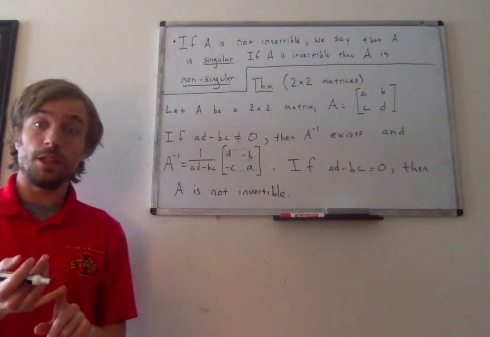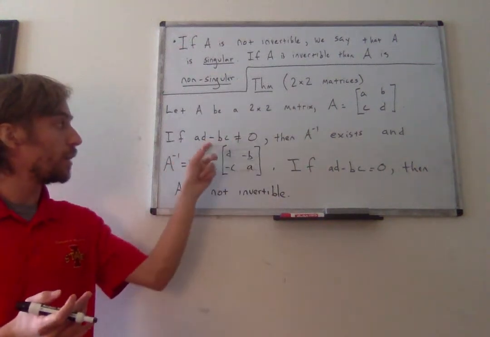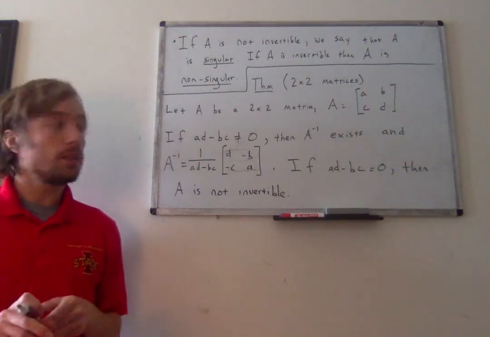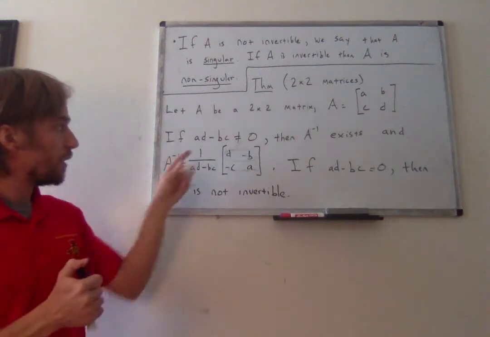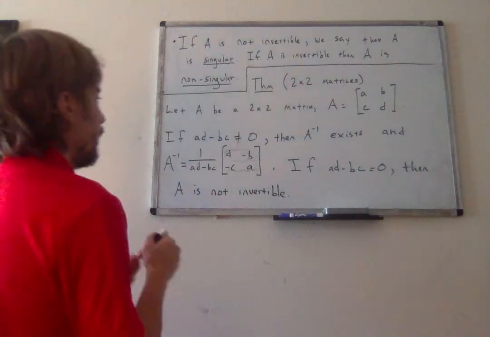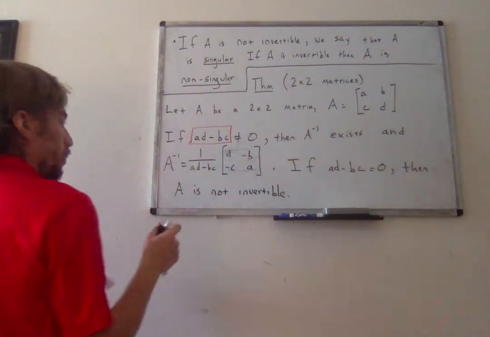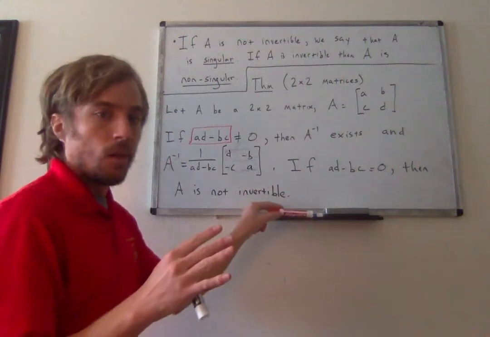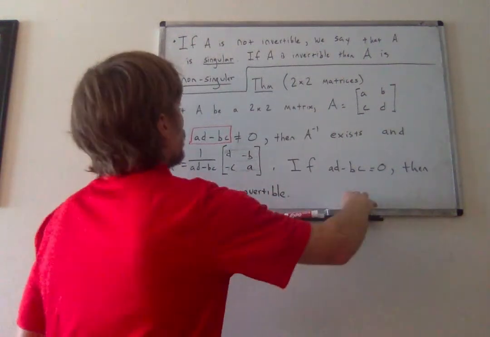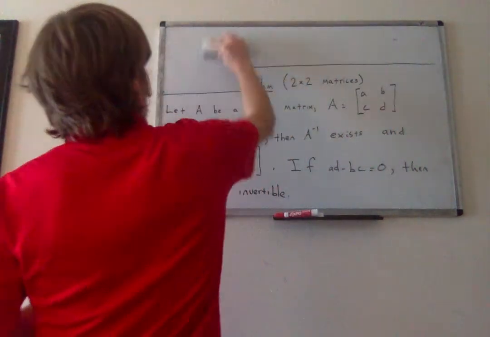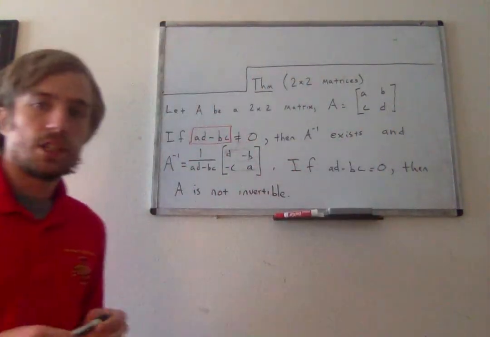We'll first determine, does the inverse exist in a very quick fashion, and then calculate the inverse if it does exist. And so this value here, AD minus BC, actually has a name, which I will define now, and we will talk about a little bit more in detail in, I think, chapter 3.